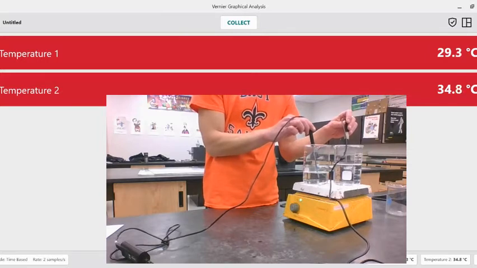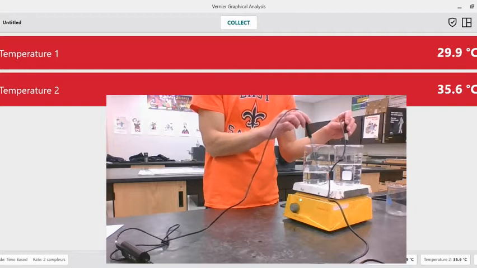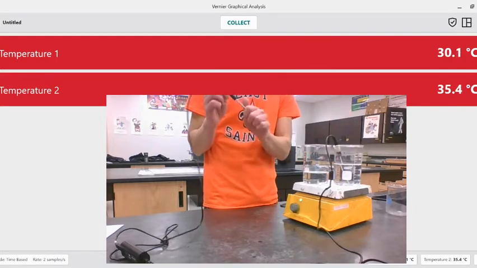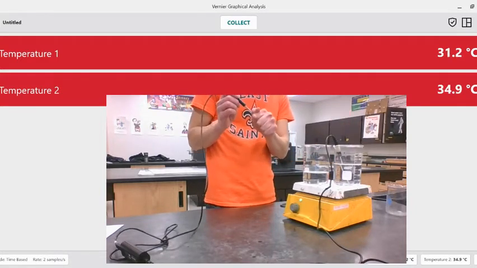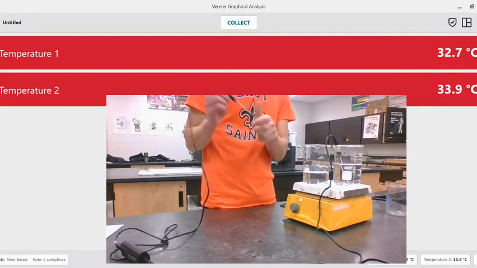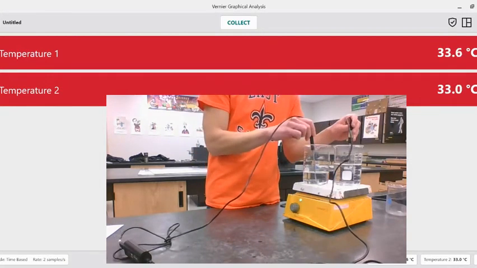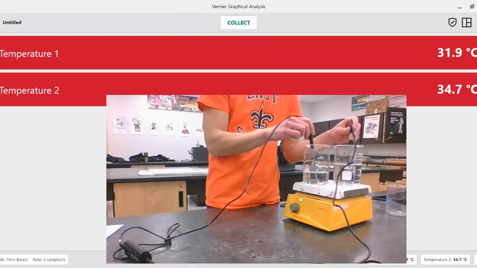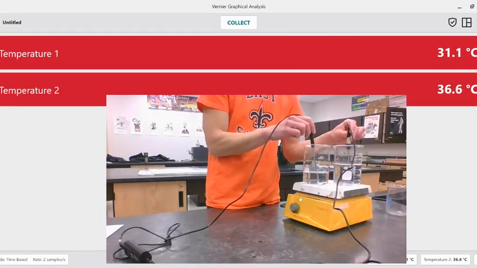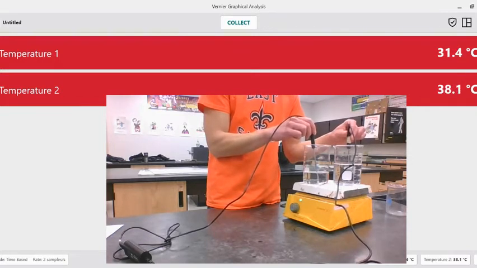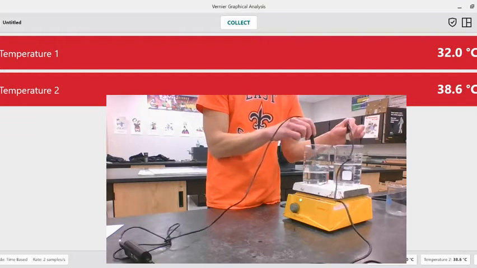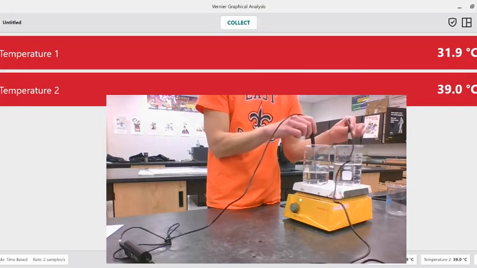Okay, so again, temperature 2 is the one in my hand here, in the less water. Temperature 1 is in the bigger beaker. So I'm going to stir one more time too.